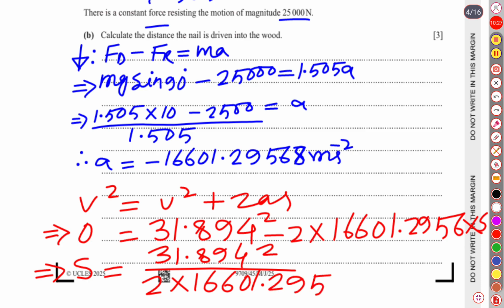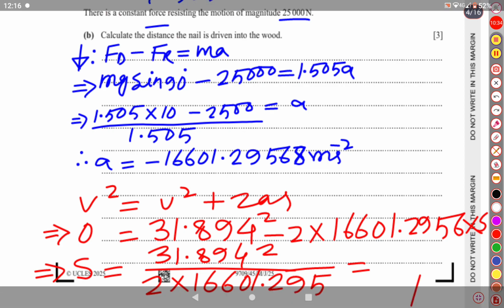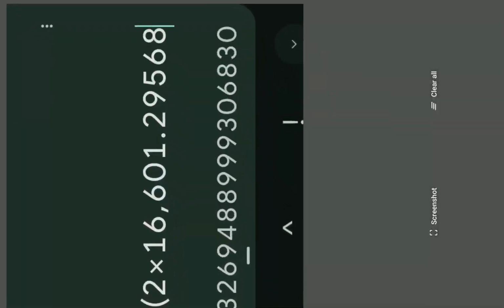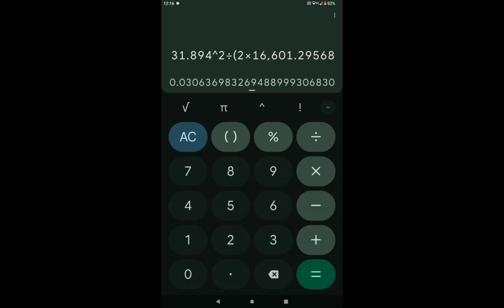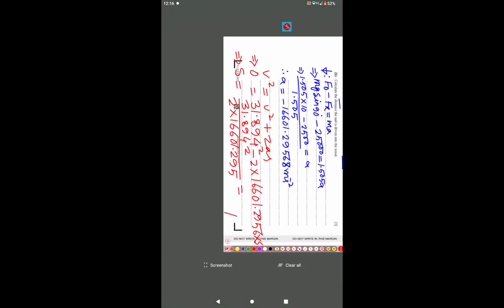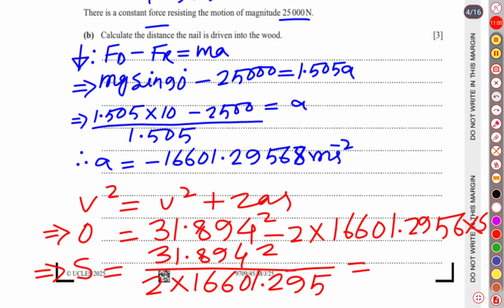Then let's use our calculator. The calculator shows 31.894 square divided by 2 into 16601.295 is 0.0306 meters.